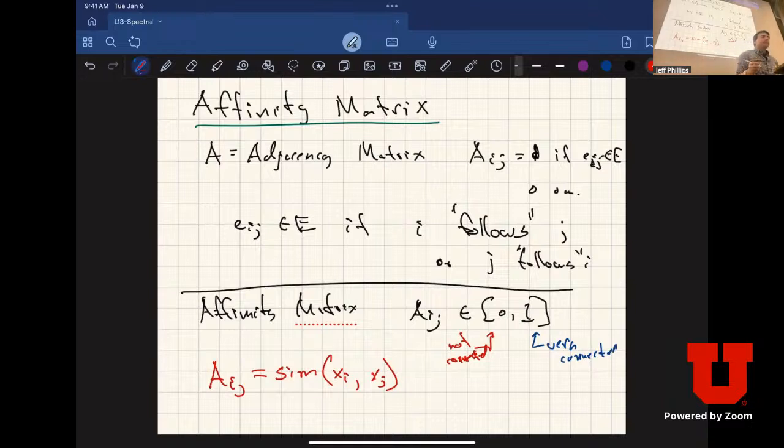And then I can still build my unnormalized Laplacian matrix as D minus A, where Dii is going to be equal to the sum of j equals 1 to n of Aij. So this is the degree of node i, the sum of the affinities. Okay, and then I can define the degree of an affinity matrix, and I can define the Laplacian as before.